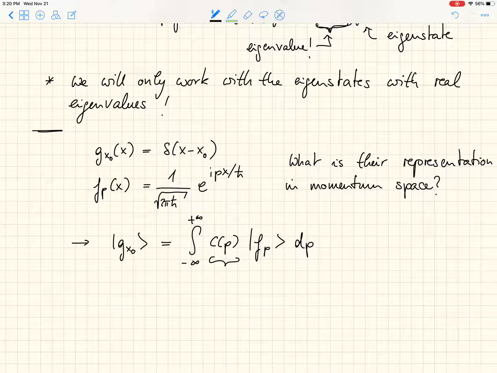And so what is this c of p here? This c of p is the representation of the eigenstate of the position operator, but written in the momentum representation. So maybe you can work that out.